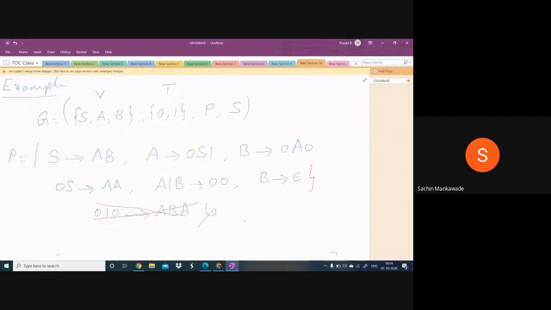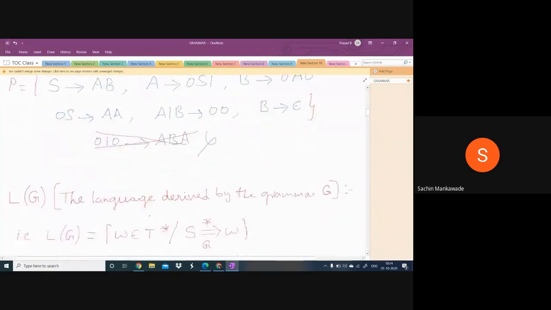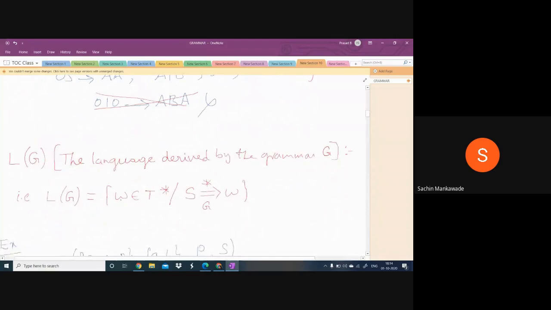Okay, next. L of G, the language derived by the grammar G. The meaning of this L of G is the language produced by the grammar G, or the language generated by the grammar G, or the language derived by the grammar G. This is not the definition, this is the meaning of L of G. What is L of G?